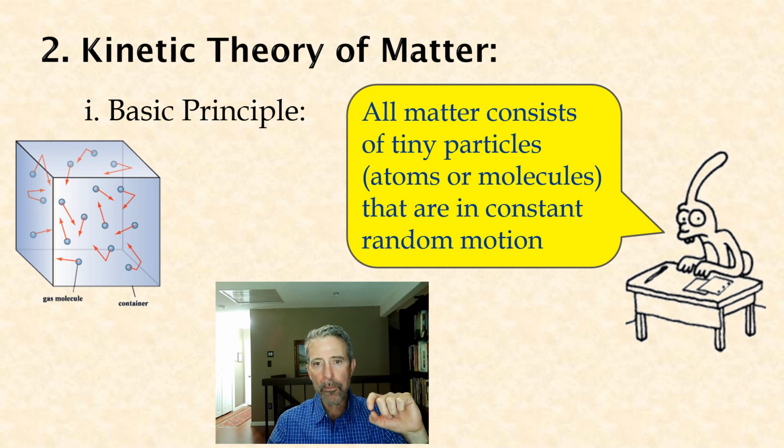For all matter, the particles that make up that matter are in constant random motion. And remembering back to our definition of kinetic energy as being motional energy, to say that all particles making up matter are in motion is synonymous with saying that these particles possess kinetic energy.